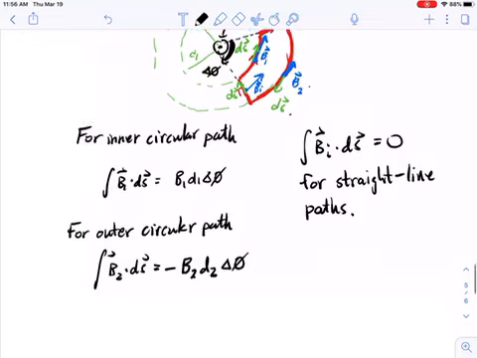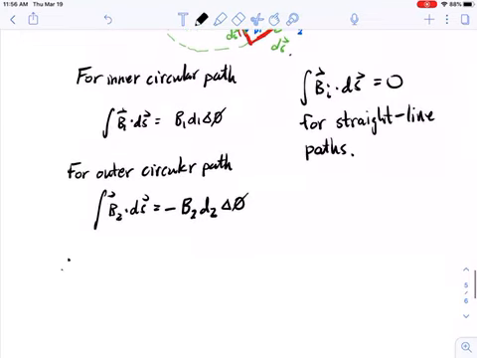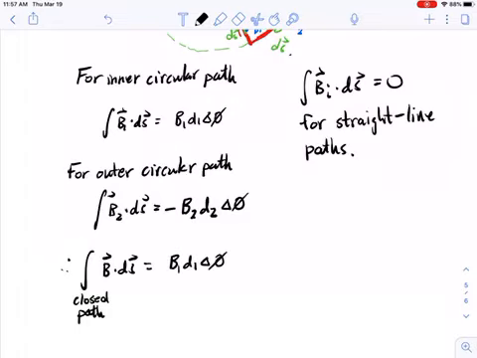So when we add up all the contributions for our closed path, the closed path that doesn't surround any current, this B.ds is going to be B1 d1 delta phi, and then minus B2 d2 delta phi.